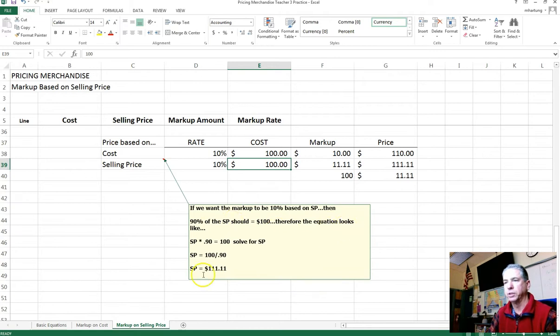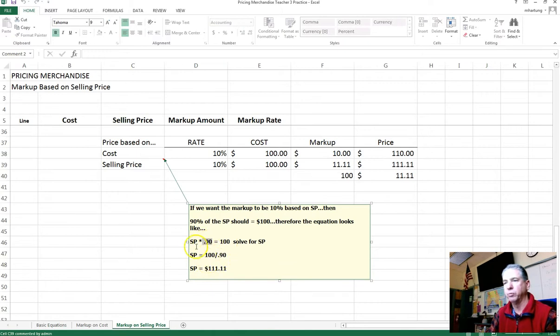Therefore, the equation looks like this. Selling price times 90, or 90%, equals 100. And then solve for P. So using your algebra skills, we're going to divide by the 90 so that we can move it over to this side.